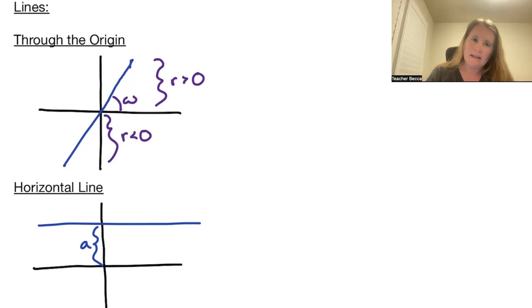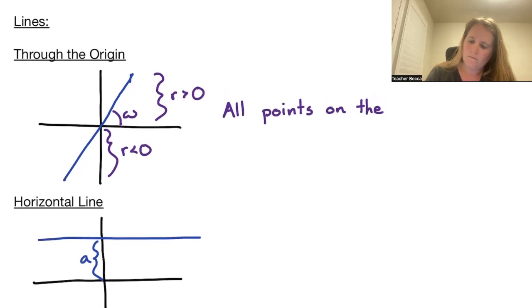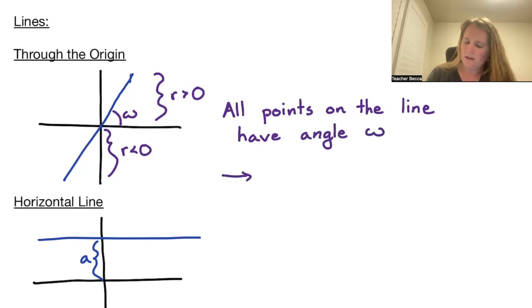So in this case, all points on the line have angle omega. And so our equation is simply theta equals omega.